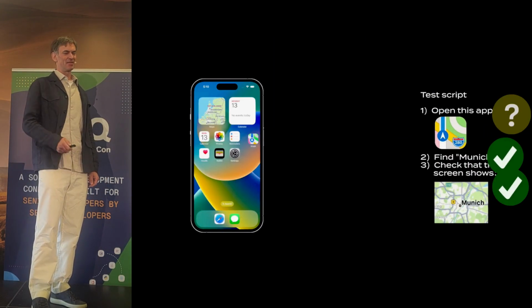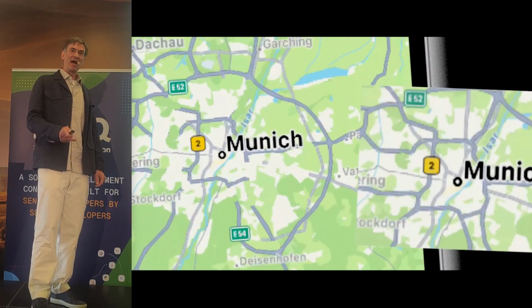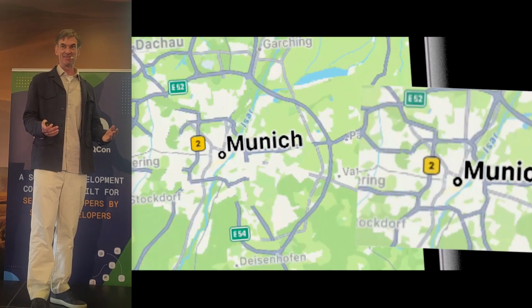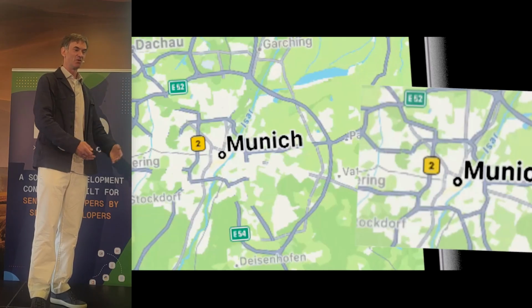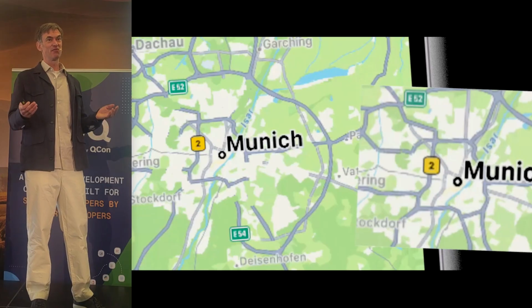Let's review a second thing. Let's review the map. The map that I expected to show had all the roads connected. The map that the manipulated phone did show had all the roads cut. Well, this is a major flaw.